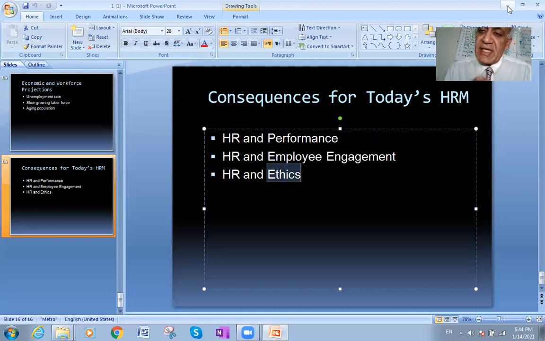COVID-19 now is one of them, because we are all working virtual, so human resources are working virtual as well. So their role must be adapted and updated based on the changes happening in the outer environment. So we need a new human resource management which is able to deal with these changes.